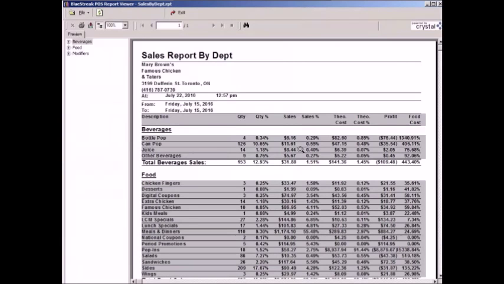So I take a look at my can pop, for example. I sold 126 cans of pop, but I only brought in $11.61, which cost me $47 for the cans of pop. I'm negative in my food cost.